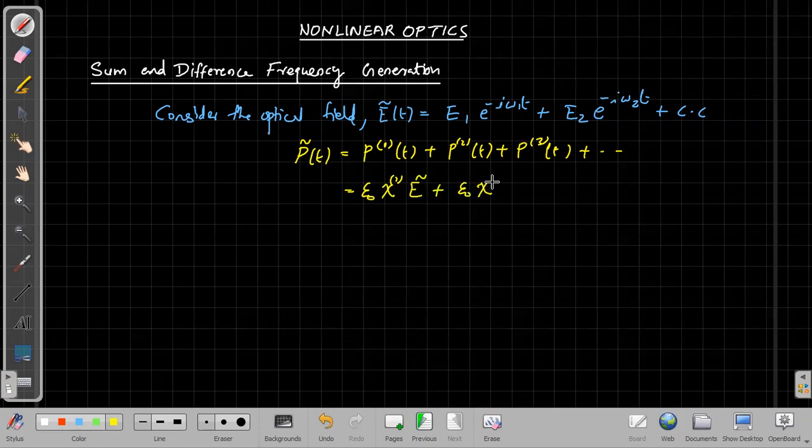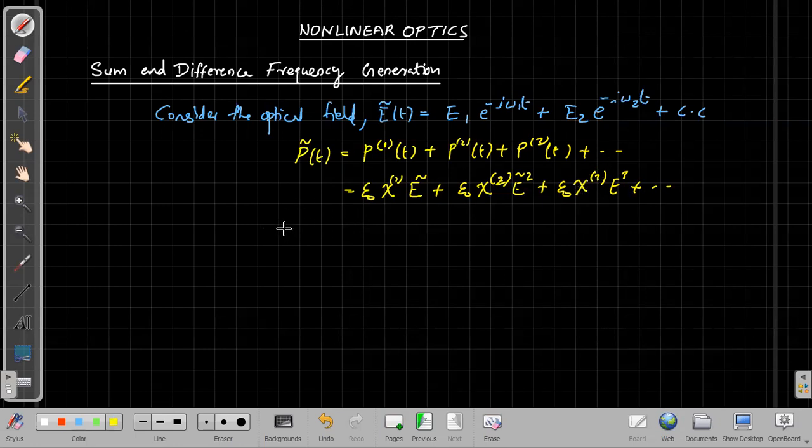Then second order is epsilon 0 chi 2 E square, and third order epsilon 0 chi 3 E cube plus etc. Again we are assuming chi 2 is present, the crystal is having chi 2, so we can neglect the higher order terms.